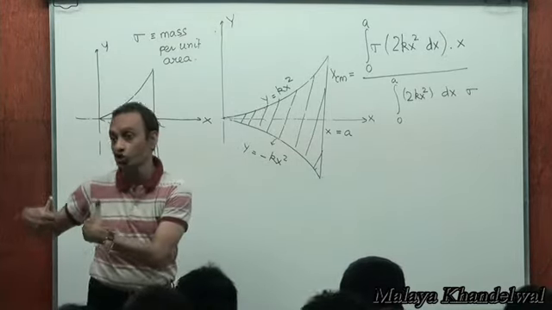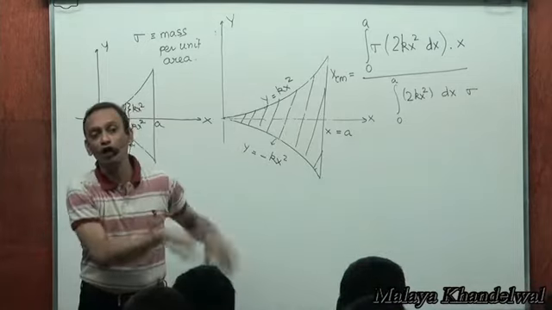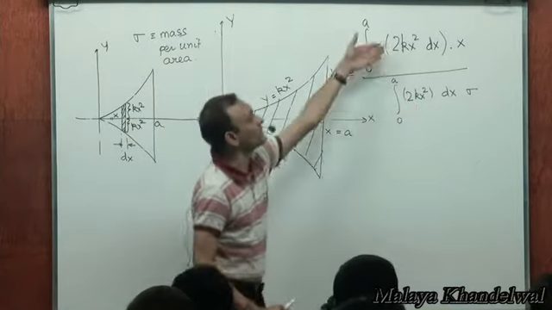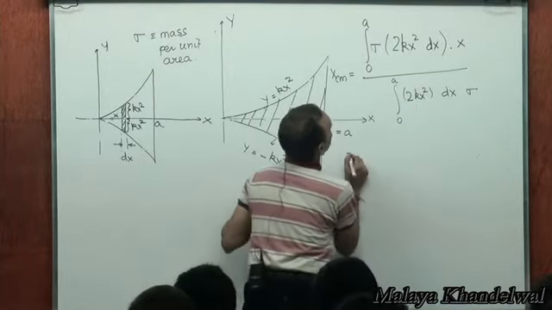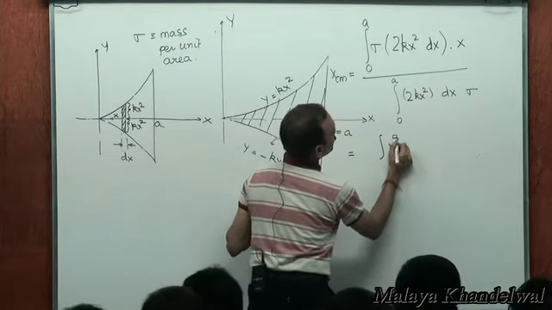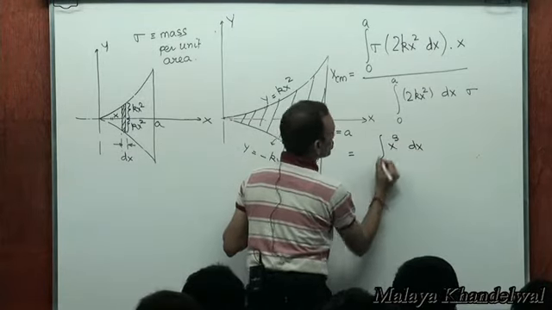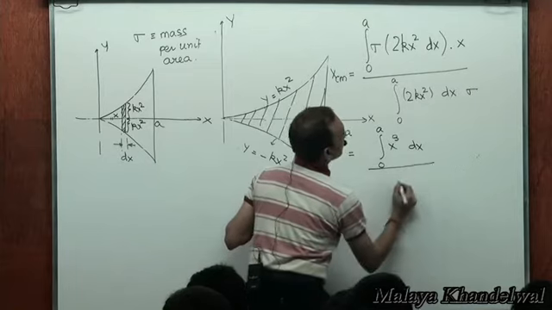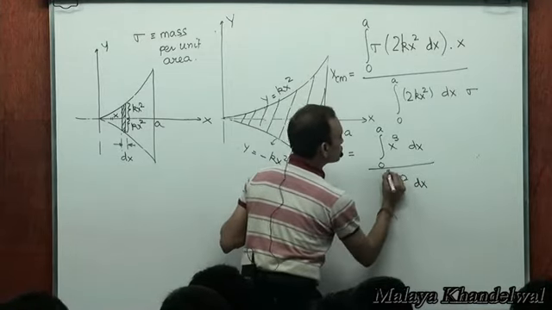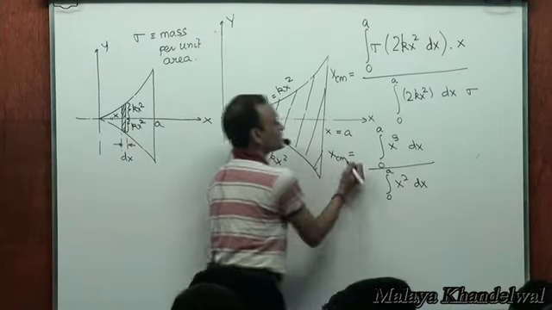Being a constant, it will scoop out of the integral and take care of each other in the numerator and denominator. 2k also is a constant, will get cancelled. Realize that this then boils down to the integral of x cubed dx, x running from 0 to a, divided by the integral of x squared dx, x running from 0 to a. That will give me the x coordinate of the center of mass of the system.